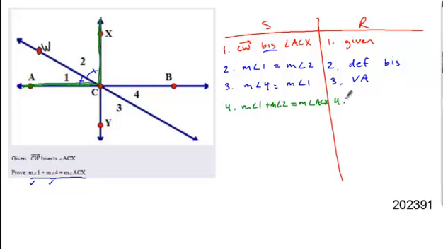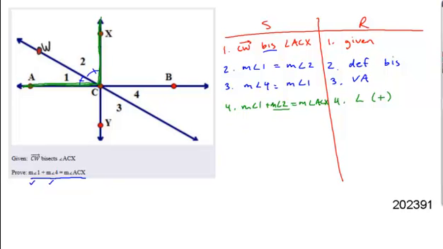And I know that because of what? Sum of the parts equals the whole is angle addition. So by angle addition, I can introduce those pieces. And now I see that I'm only one piece away. If I can replace angle 2 with angle 4, then I get my final end state.